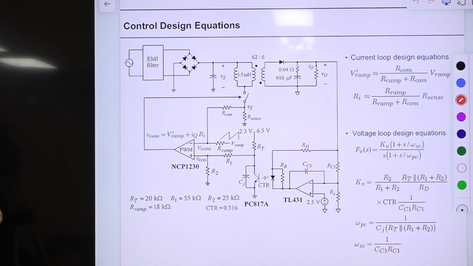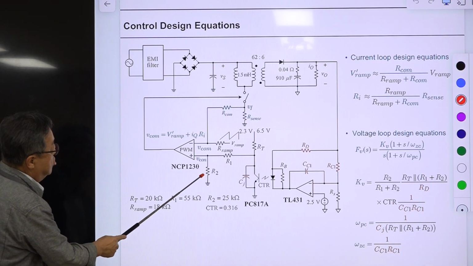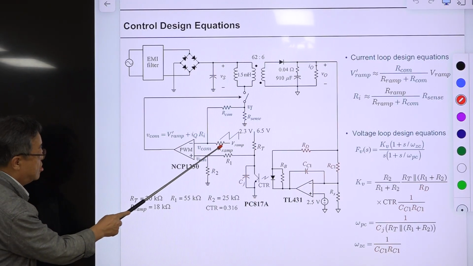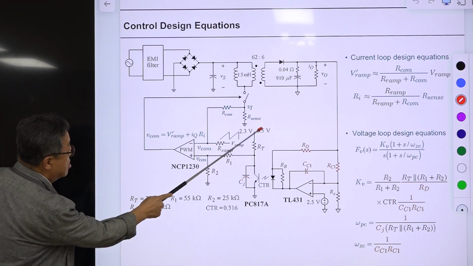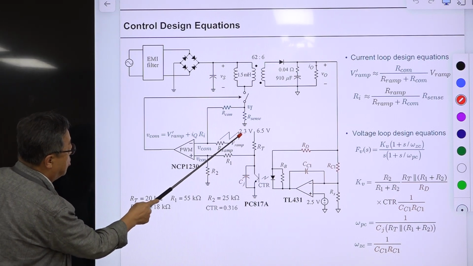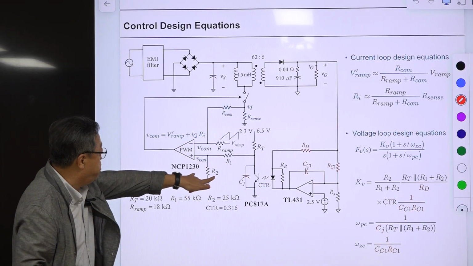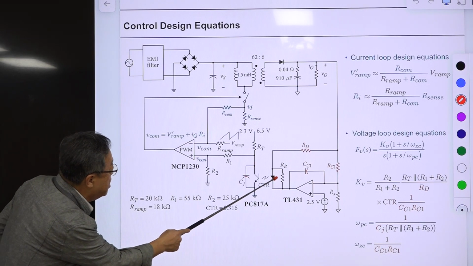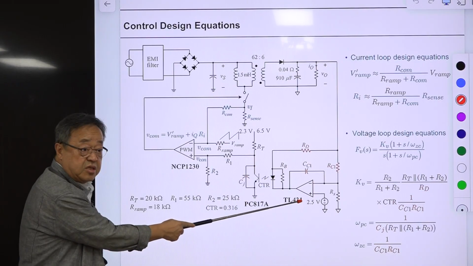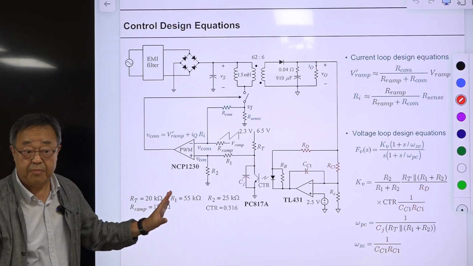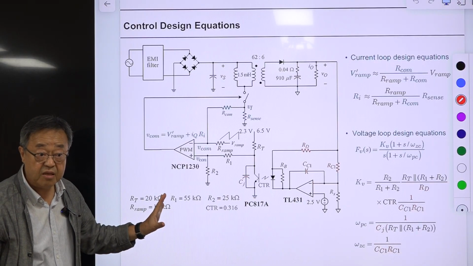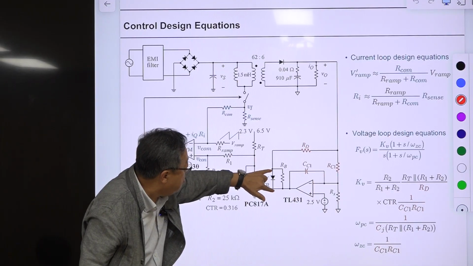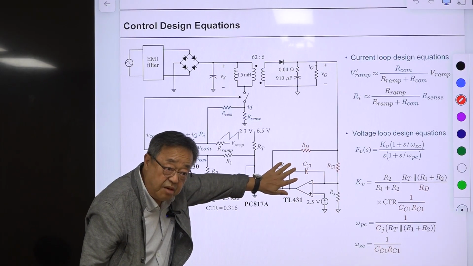This component with the black line is already fixed. This voltage, the height of the ramp, and the period of the ramp are determined by the IC designer and fixed. And this RB is fixed for biasing and is not related to this dynamic analysis and design, because its resistance is small and this one is relatively large and can be ignored.